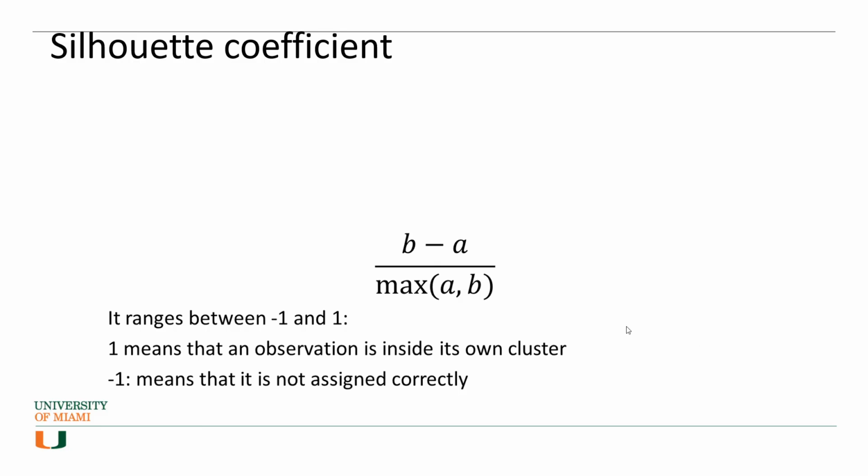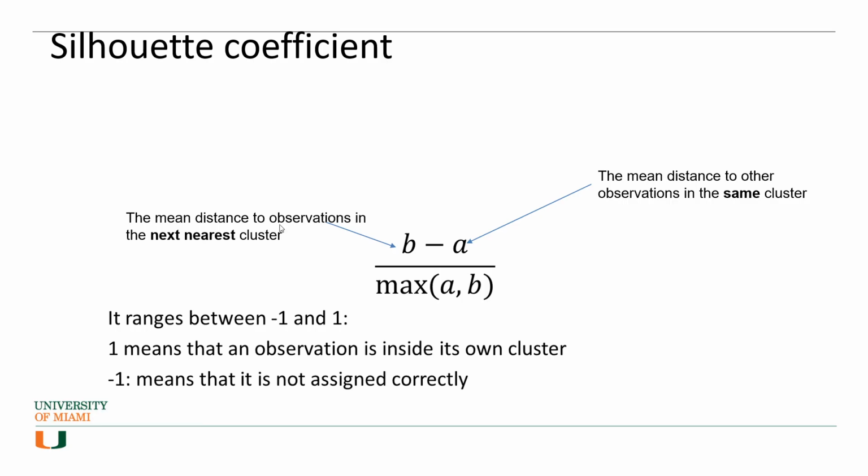The silhouette coefficient is very simple. It's (b minus a) divided by max of a and b, in which a is the mean distance to other observations in the same cluster, and b is the mean distance to observations in the next nearest cluster. Note that this is for each observation, right?